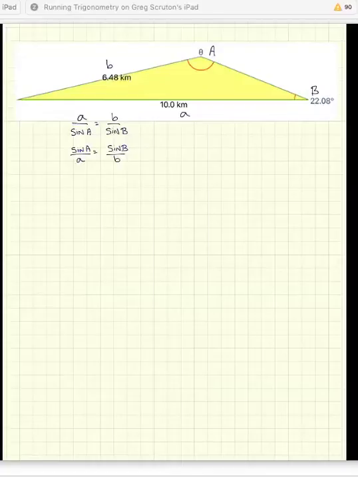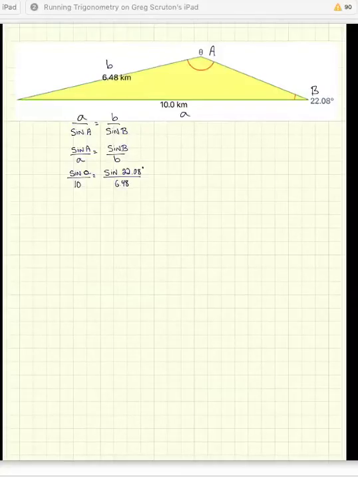Let me just fill in what I know. So our angle A is our theta, so sine of theta all over our side A, which is 10 kilometers, is equal to the sine of our angle B. Now our angle B is 22.08 degrees, all over our side B, which is 6.48 kilometers.